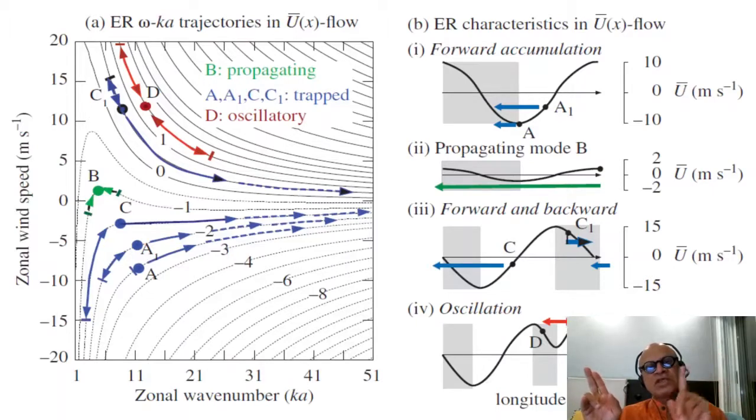One was where the waves traveling westward had negative longitudinal wave numbers, and eastward traveling waves had positive longitudinal wave numbers, and the frequency was always positive. We had also looked at the convention where you could keep the wave numbers positive and allow the frequency to be negative. It doesn't change the physics, it just changes the presentation.